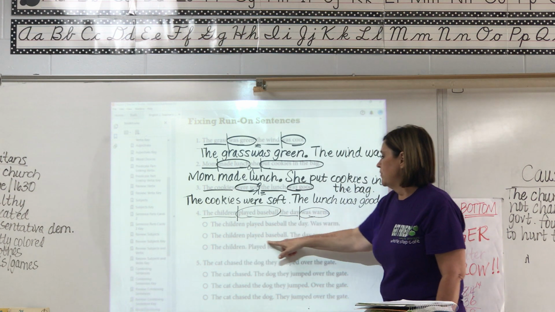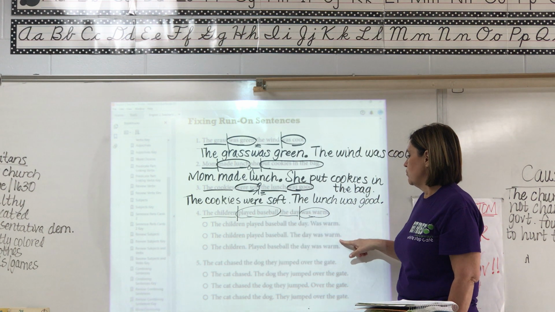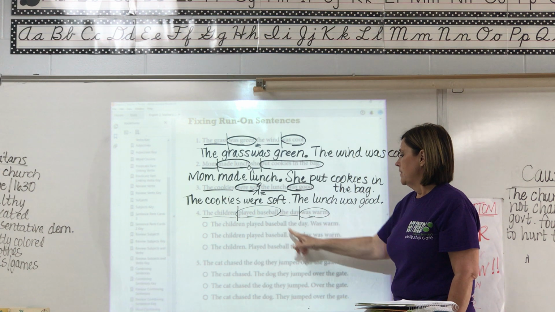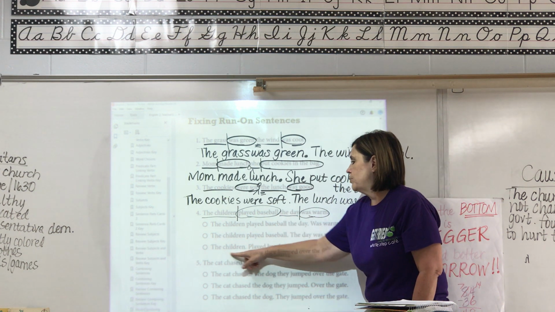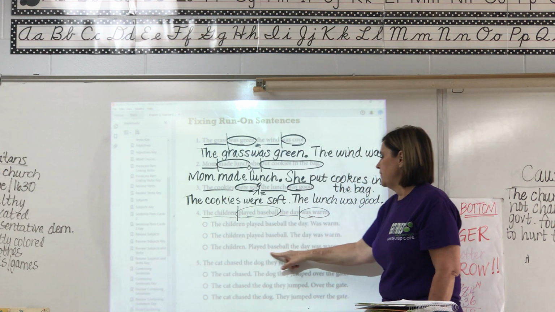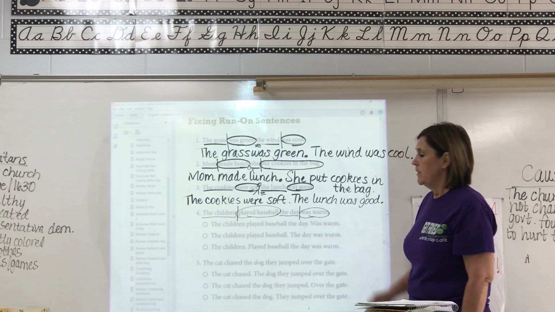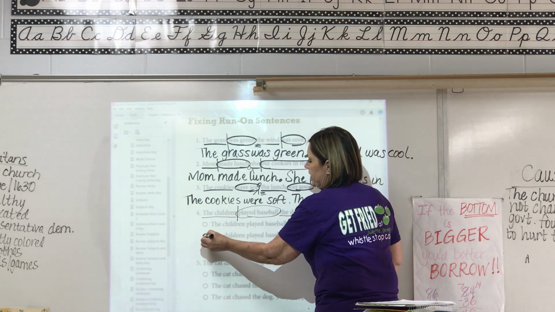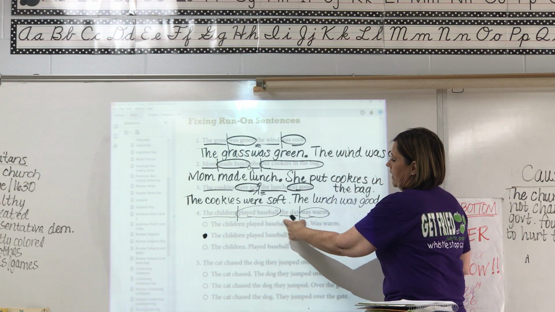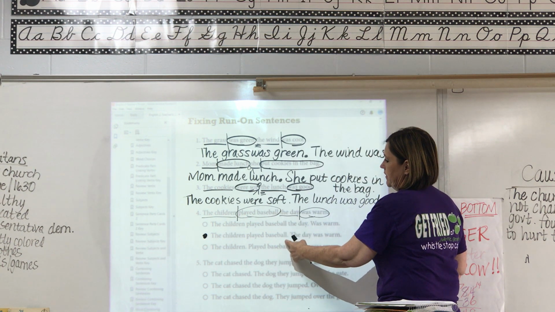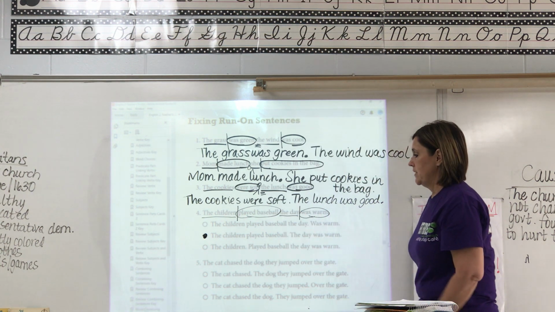Here, I have the children played baseball, the day was warm. And here I have the children and played baseball, the day was warm. So my correct choice would be here, because this is how I divided my sentence up into two separate sentences.